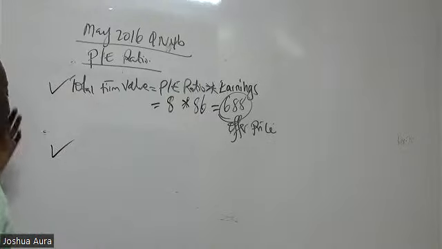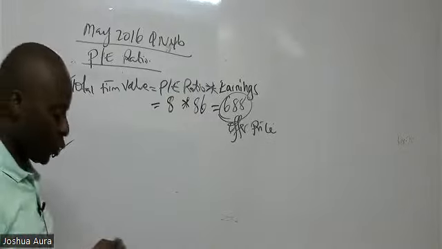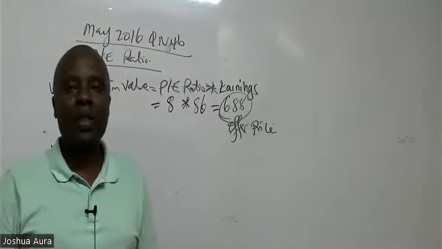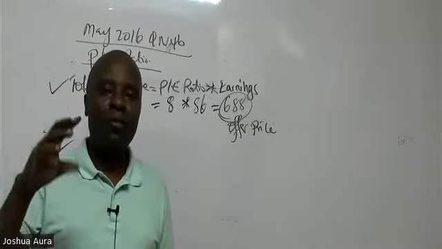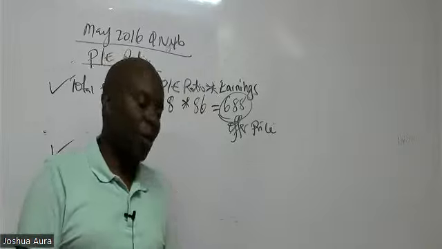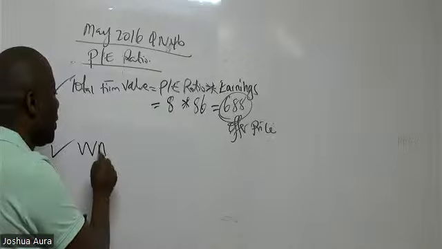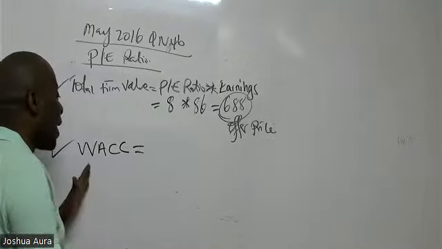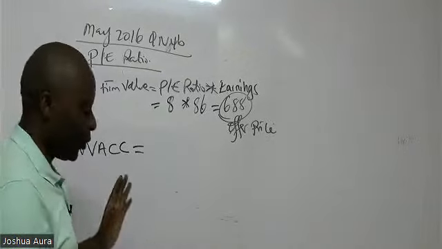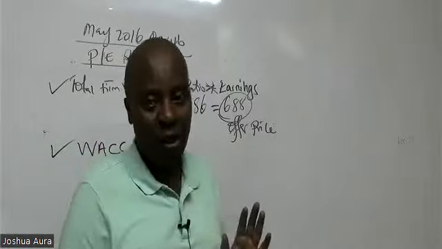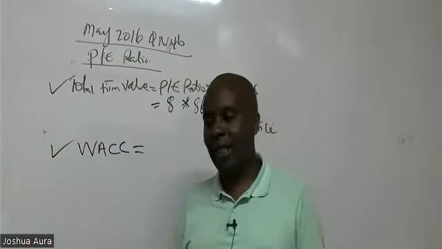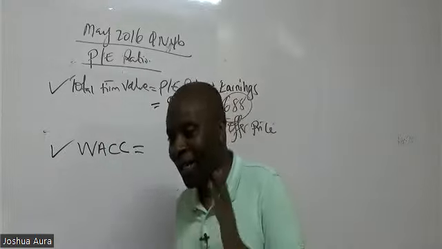Even after they are appointed finance directors of their big companies, instead of pronouncing this professionally as WACC, you'll get somebody calling it Wakaka. No. That's very unprofessional. It's supposed to be WACC.